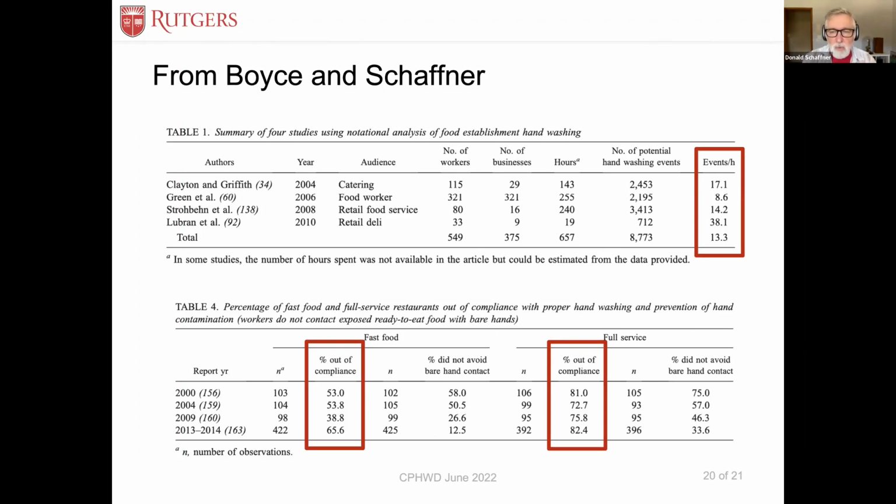And what we found was that based on this analysis, food workers, if they wanted to comply with the code, would have to be washing their hands somewhere between 10 and 40 times an hour, which means that, by the time you figure the time to walk to a hand washing sink, the time to do a 20-second hand wash and then dry your hands and then walk back to whatever your next task was, these people would be spending a significant portion of every hour at the hand wash sink.